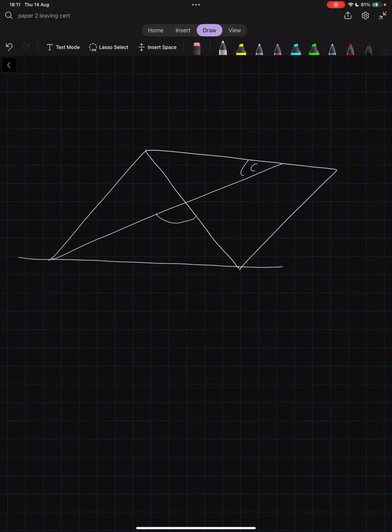So this here is 80. This is A. This is 20. This is D. This is B. And this is 130. Okay? And basically it's just solve for all the different angles.